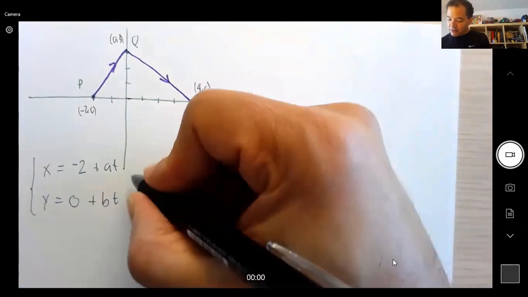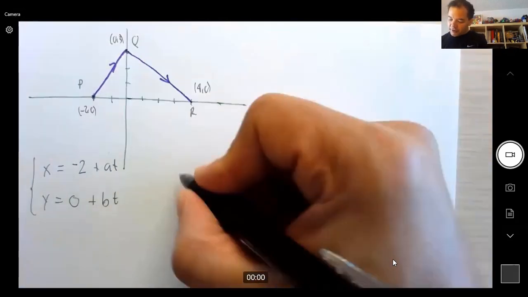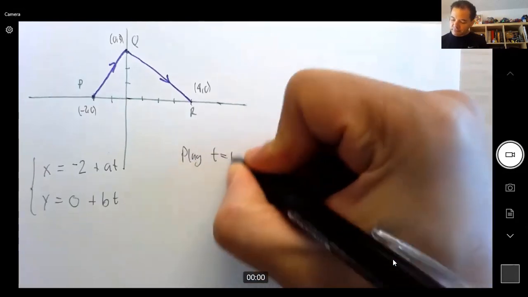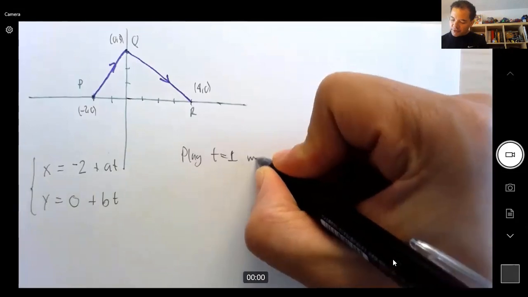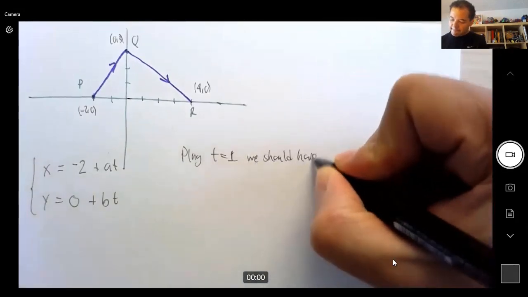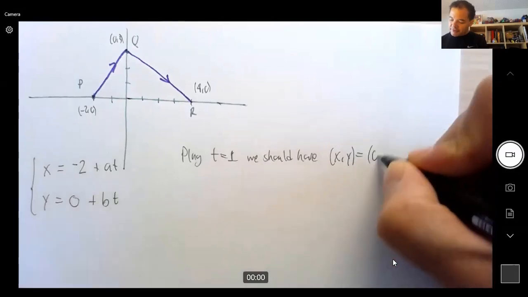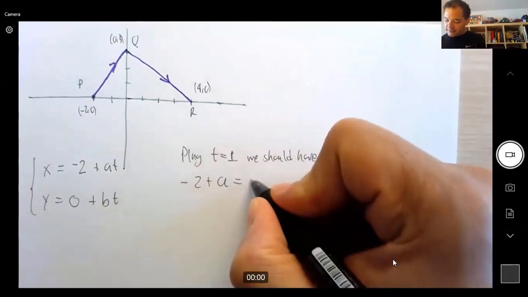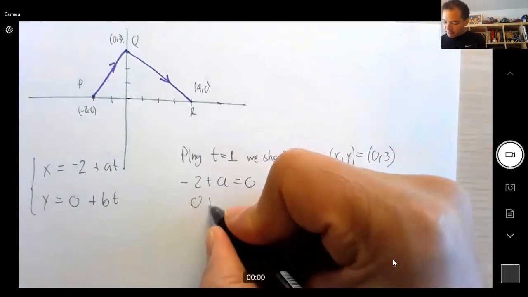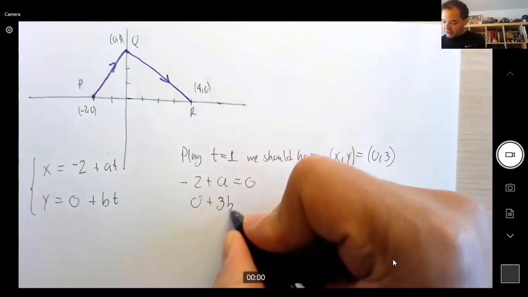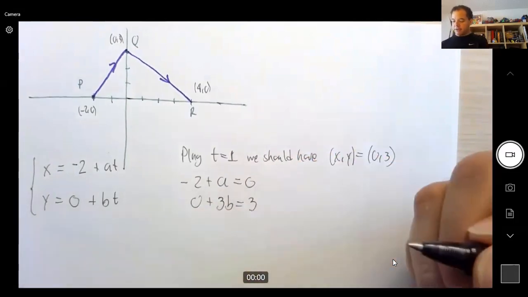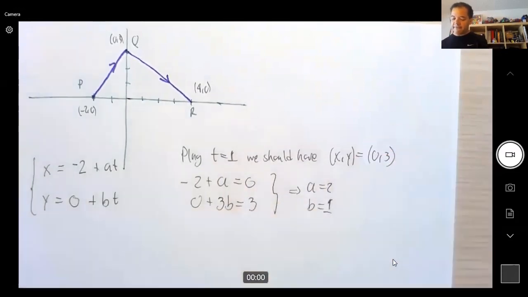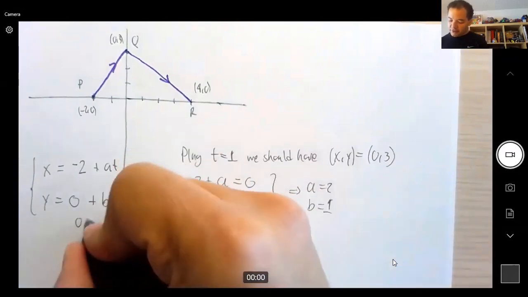So when we plug in 1, we should have x and y to be (0, 3). So -2 plus A should be 0, and 0 plus B should be 3. So from here we get that A is 2 and B is 3. All right, and that's between 0 and 1.